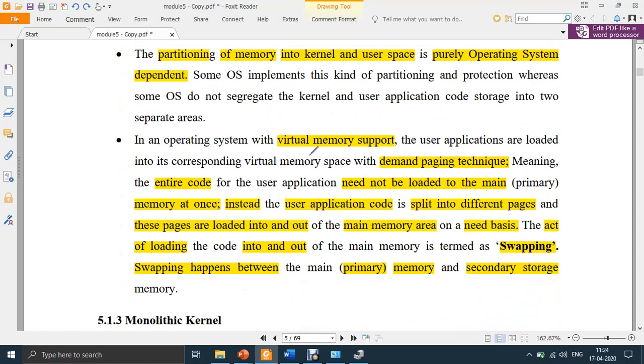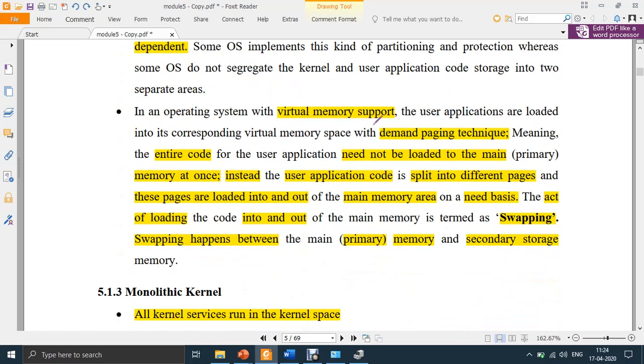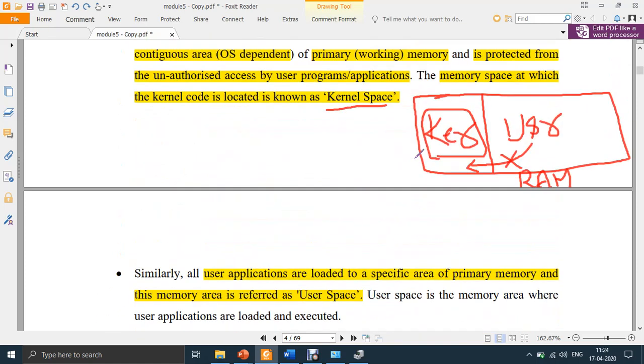In an operating system with virtual memory support, there is a concept of demand paging. What do we mean by virtual memory? Virtual means false. Let's say there is 1 GB of actual memory, but the system might support an additional 1 GB of primary memory which is virtual.